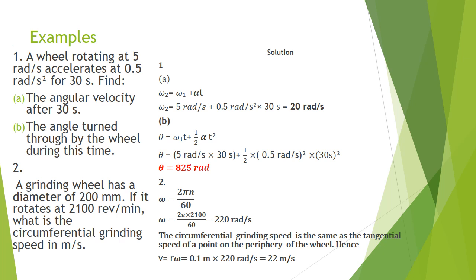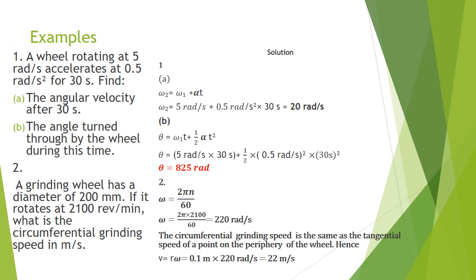Okay, part B, we have the angle turned through by the wheel during this time. So now what we are going to do is apply the formula theta is equal to initial angular velocity times t plus half times alpha times t squared.